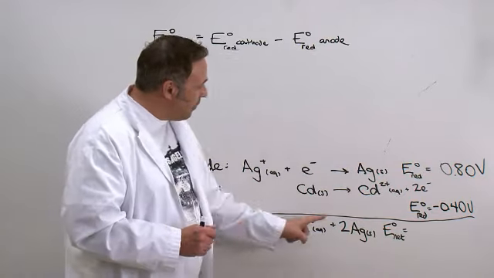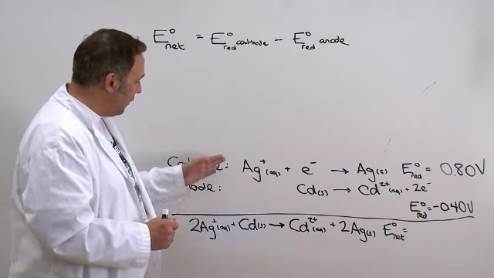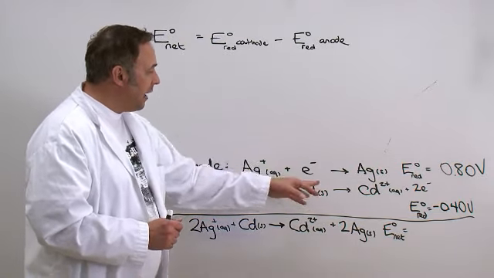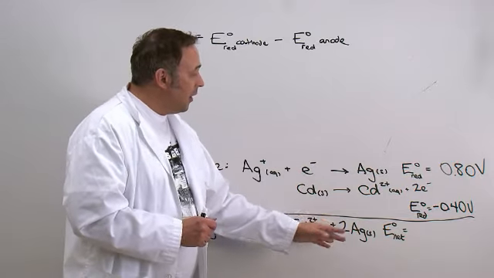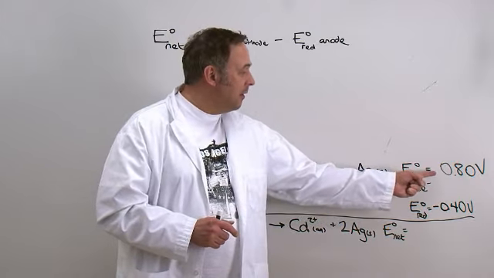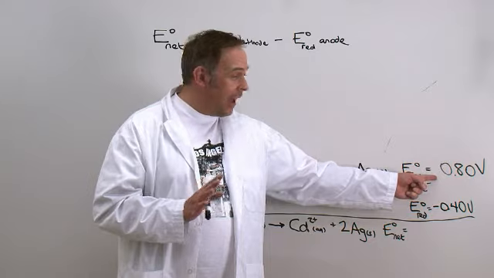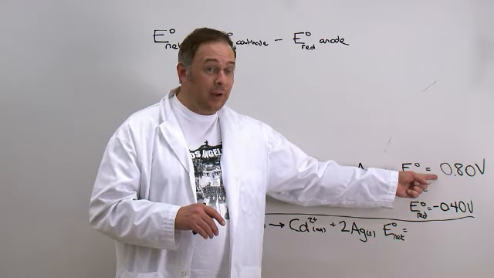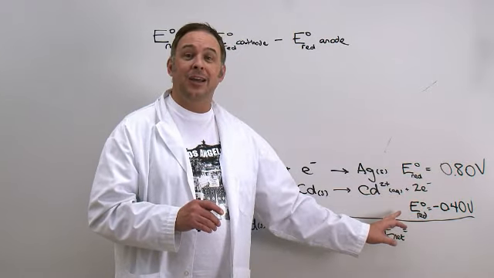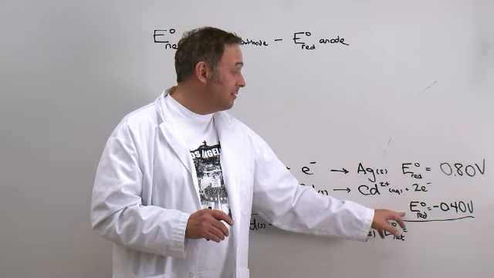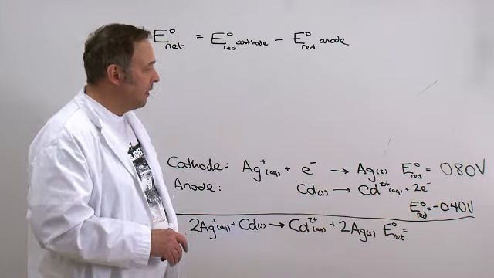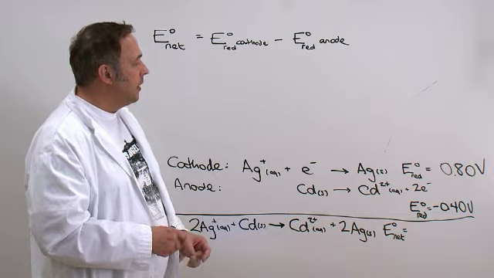So that when you add up the equation here, just as you add them up after you've balanced electrons, you would then just add up the half cell potential for the reduction half reaction and the half cell potential for the oxidation half reaction. To me, that makes great sense.